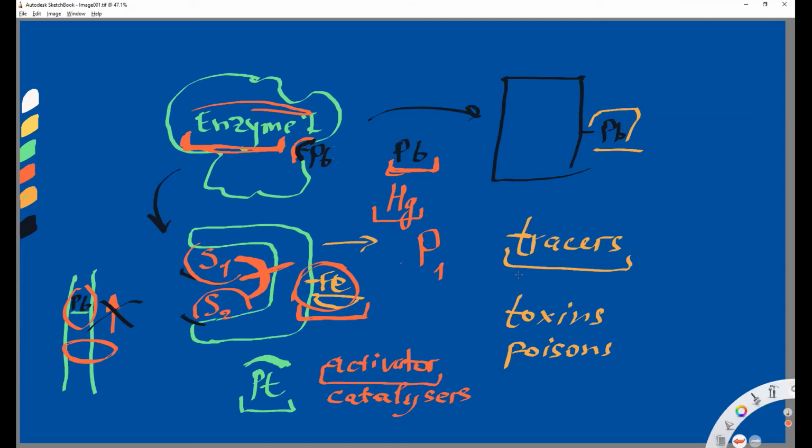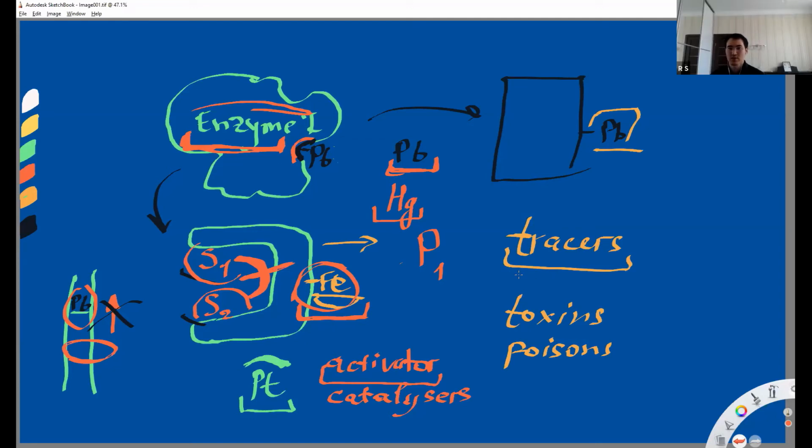Okay. Here it is about toxin poisons that stop the enzyme from producing product. Also, there are some inhibitors that I know that stop the enzyme from producing products too. So the main difference between them is that the effect of toxin poisons is irreversible. The thing is, it might be irreversible, it might be reversible.